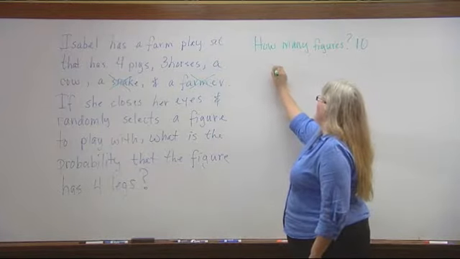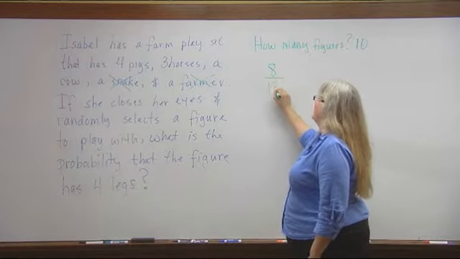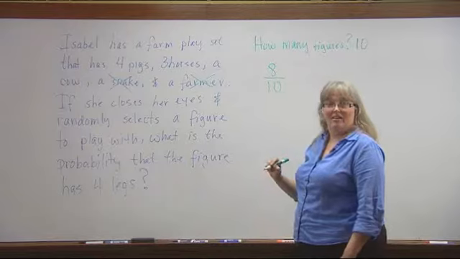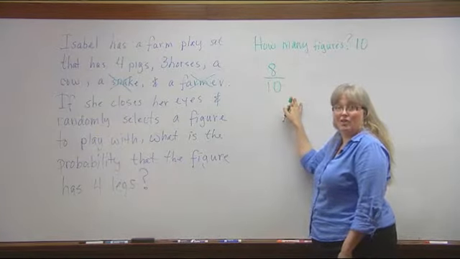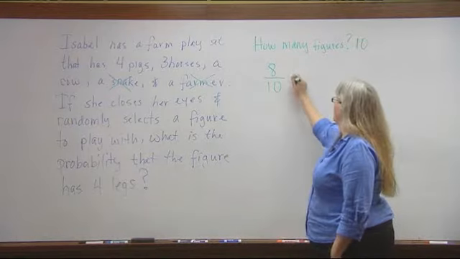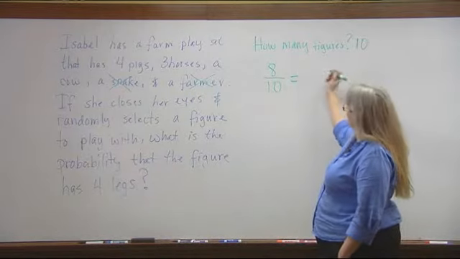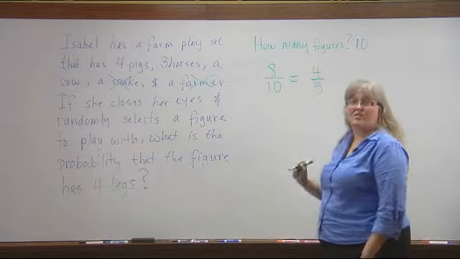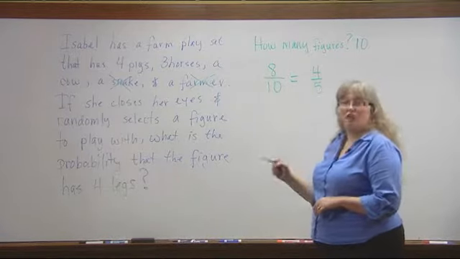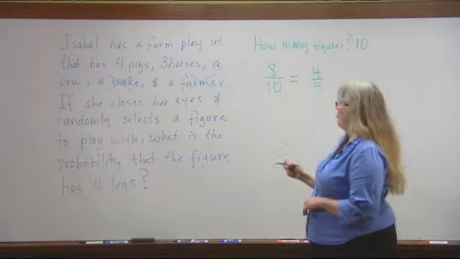So we have 8 out of 10. So 8 with 4 legs divided by 10 total number of figures. So this reduces down to 4/5. So the probability that Isabel draws a 4-legged creature from her selection is 4/5.